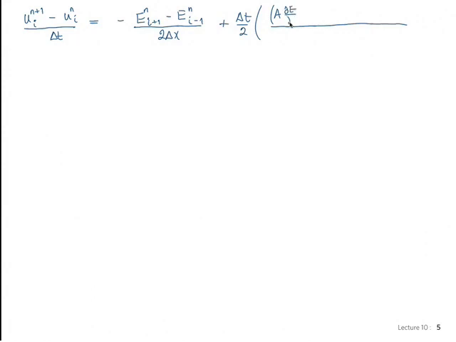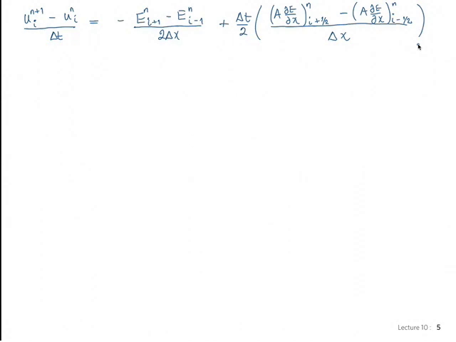I'm just going to write it like that, d dx. All of this at n, and I, so I'm going to use the midpoint here, I plus 1/2, and I minus 1/2. And so this one is divided by delta x. That's the difference between those two mesh points.